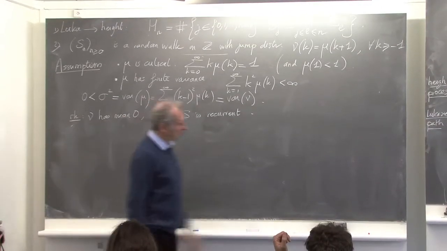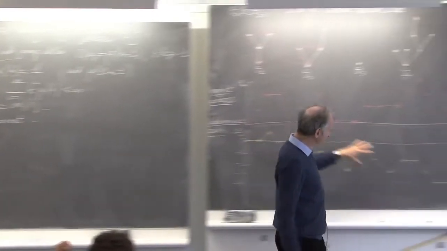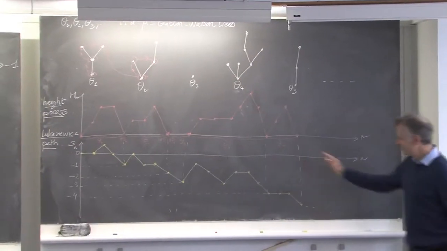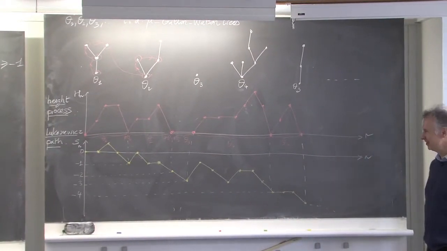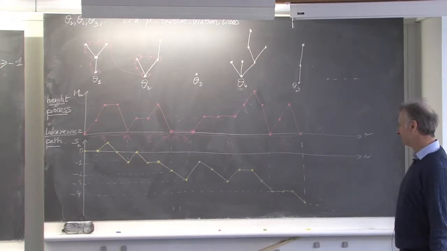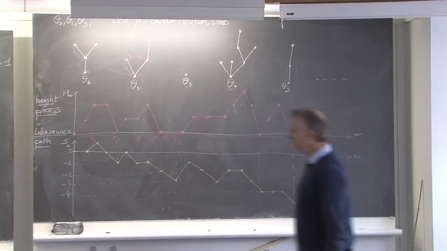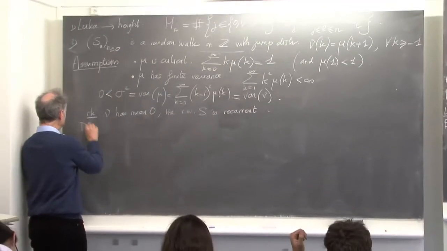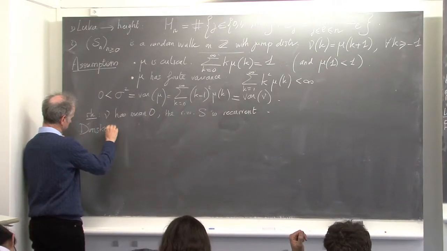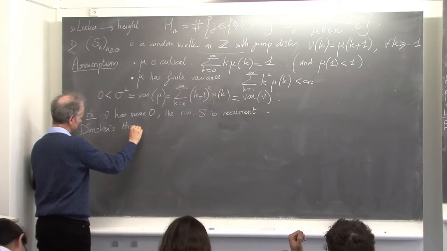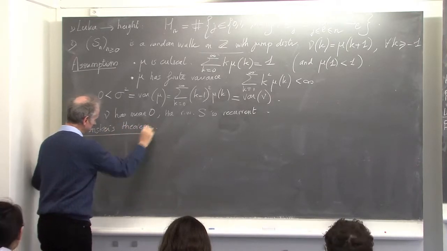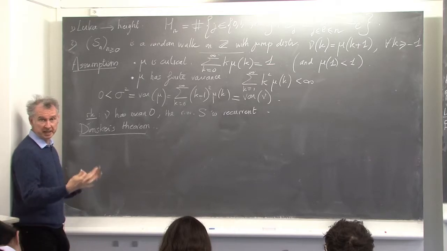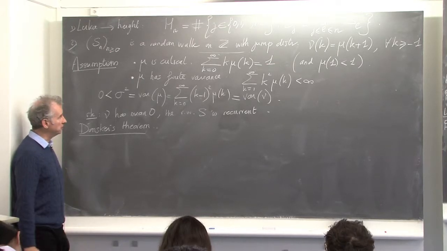Well, on my picture, it does not look recurrent. It looks like going down, but maybe I had not considered a critical case. Okay, so I'm going to use now Donsker's theorem, which gives you the convergence of rescaled random walks to Brownian motion.